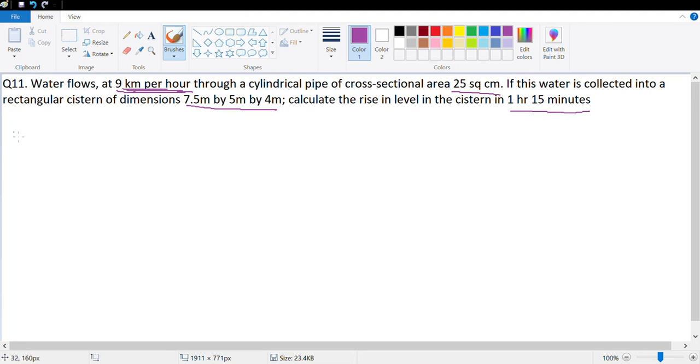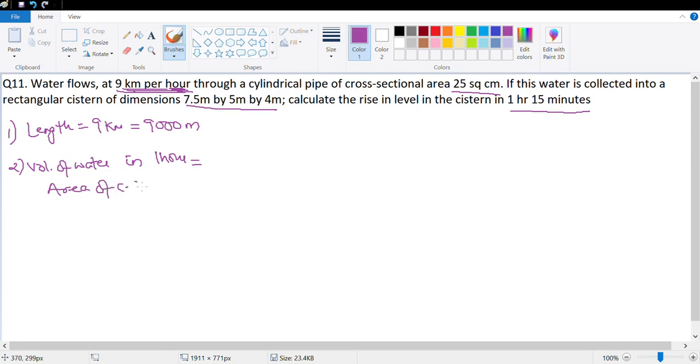So point number 1, length would be equal to 9 kilometer, which is equal to 9,000 meter. Next, volume of water in 1 hour, since this is given as per hour, will be equal to area of cross section multiplied with the length.